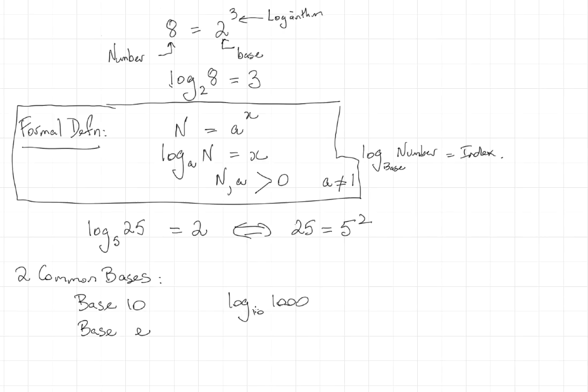That's saying what is the power I must raise the number 10 to get 1,000? Well, 10 times 10 times 10 is 1,000, so that'll be 3. It is an accepted standard that if it is log to base 10, we just write log with no base, 1,000. So if you don't see a base, it is assumed to be 10.